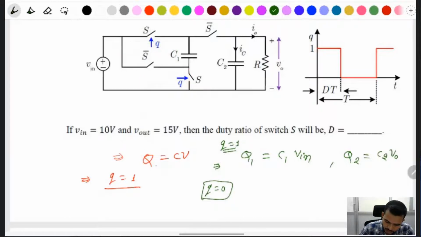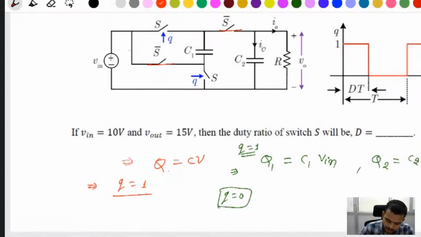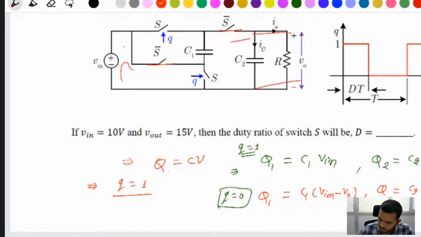When Q is equal to 0, this switch is closed and the circuit forms like that. Then the charge Q1, with voltage V in minus V naught applied here, is C1 (V in minus V naught), and Q2 is the same, C2 V naught.